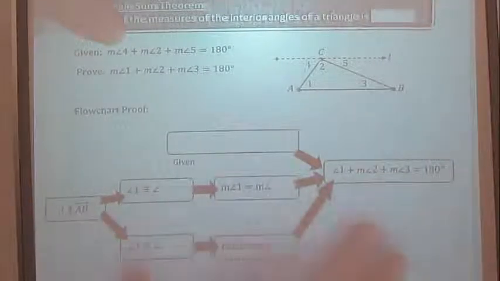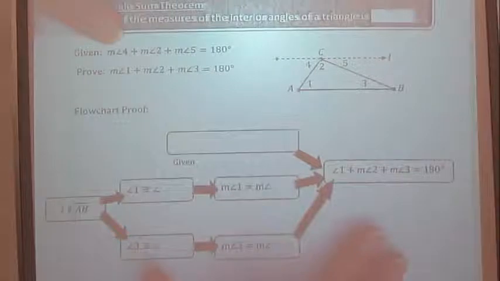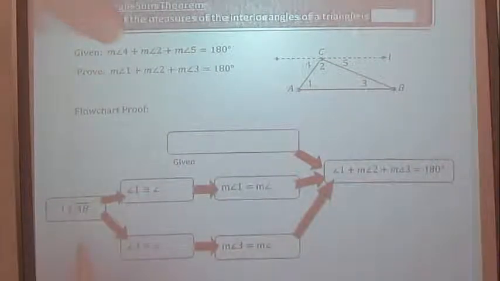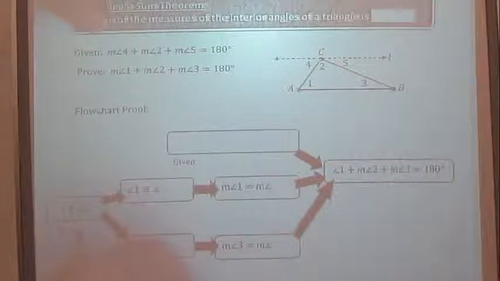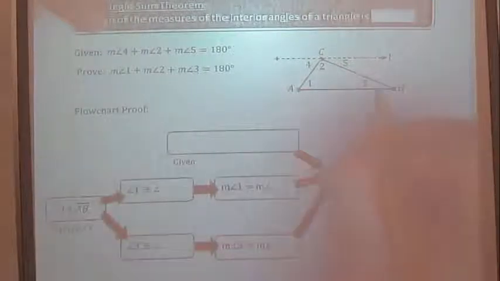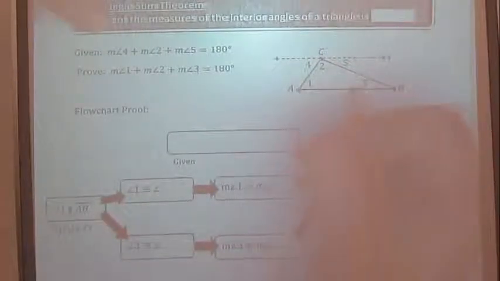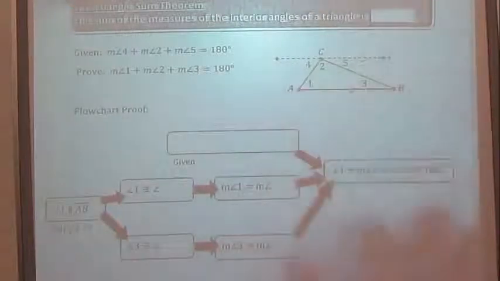Okay? So in this problem, we are given the fact that line L is parallel to line segment AB. And that really should have been labeled.